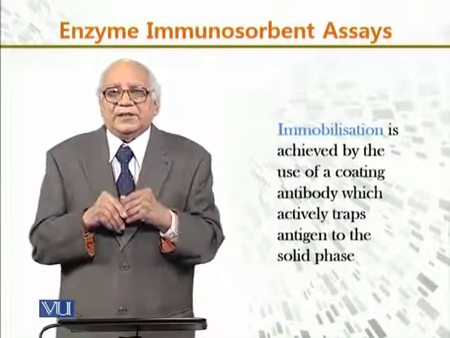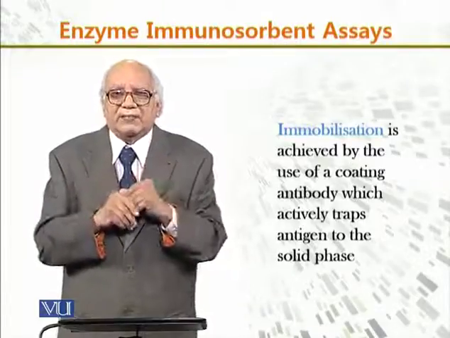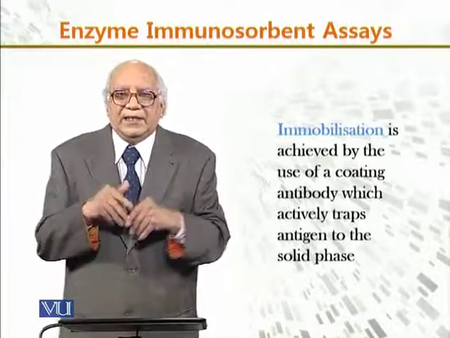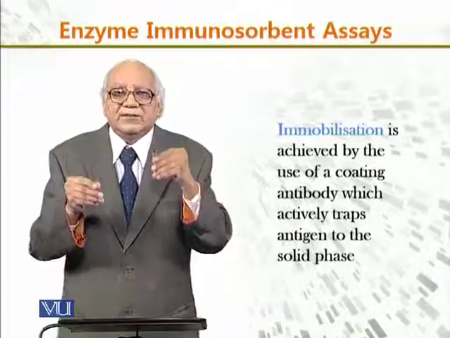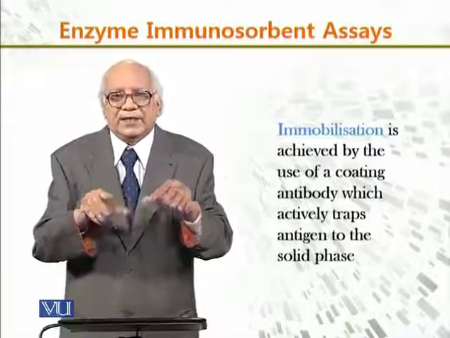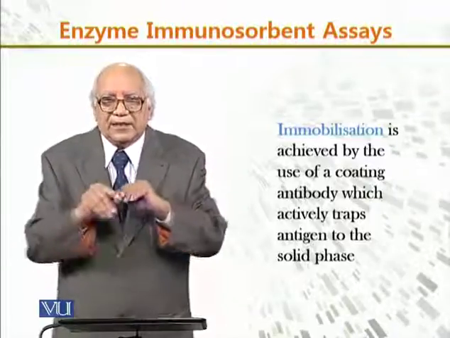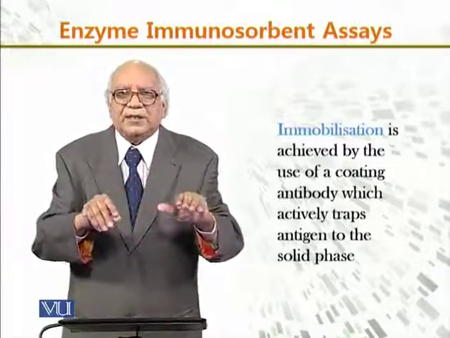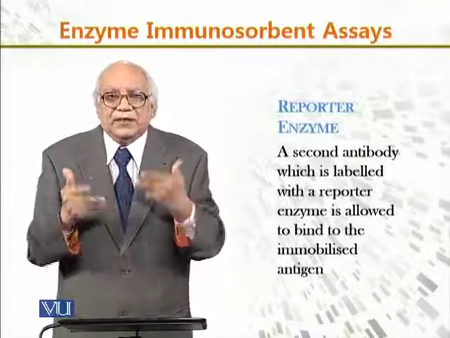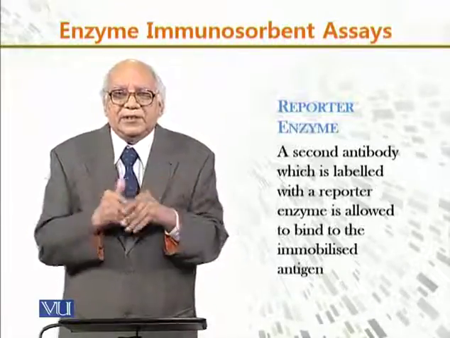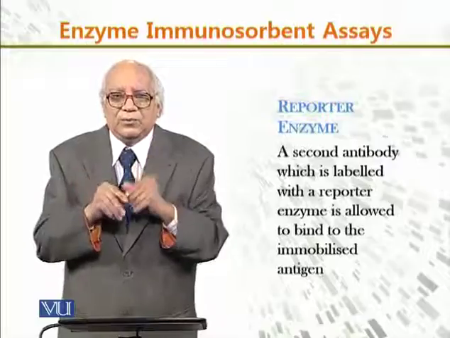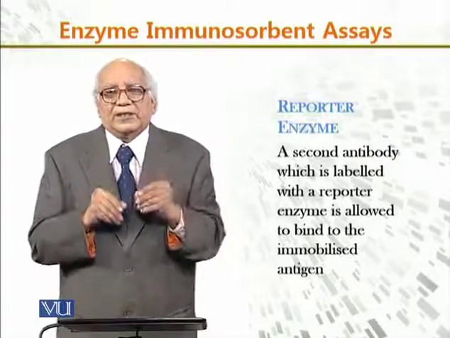Immobilization on the solid support is achieved by the use of a coating antibody. The antibody is coated on the plate and actively traps the antigen onto the solid plate. The idea is that when it is coated, the antigen will be absorbed on it. Then a second antibody, labeled with a reporter enzyme, is allowed to bind to the immobilized antigen.